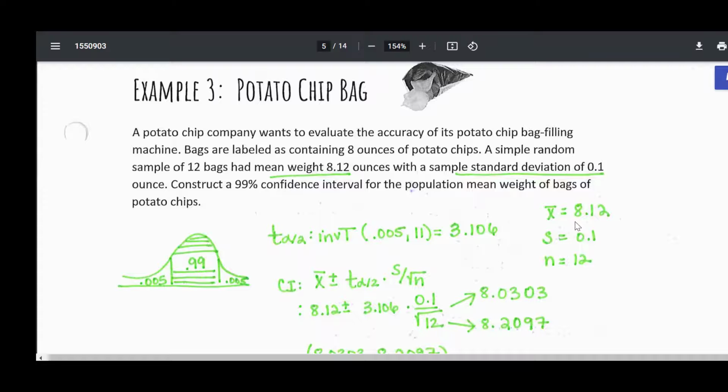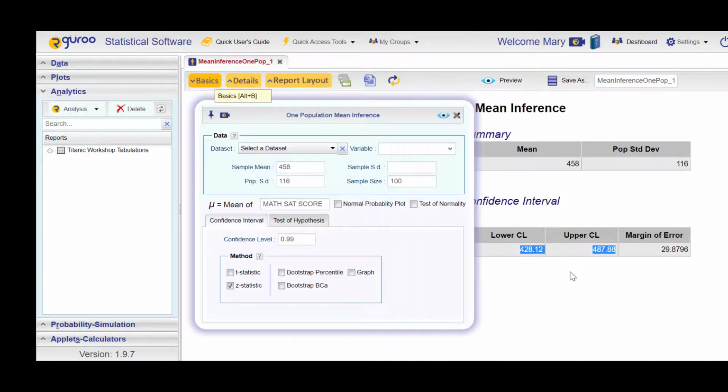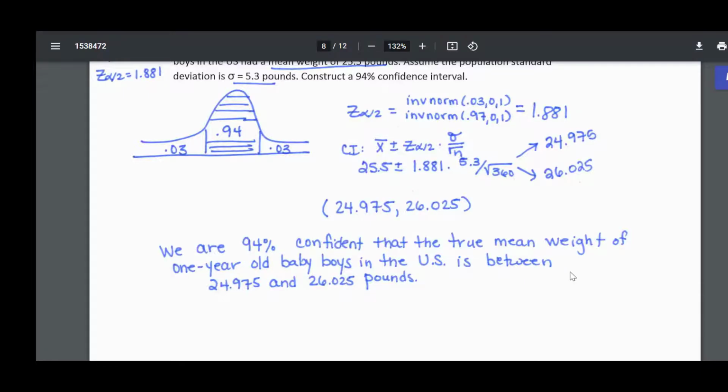So they're giving us 8.12 as the sample mean. And then the standard deviation, 0.1, it says it's the sample standard deviation, but you can also see that it's in reference to these 12 bags, which is a sample. So this will be a sample standard deviation this time instead of a population standard deviation. So I'm going to go back to basics, and then I'm just going to change all of this data that I put in.